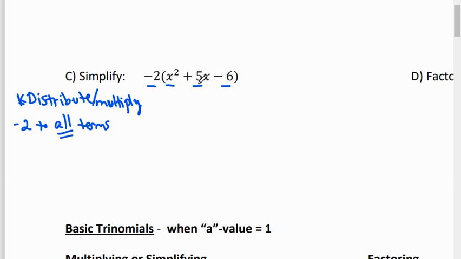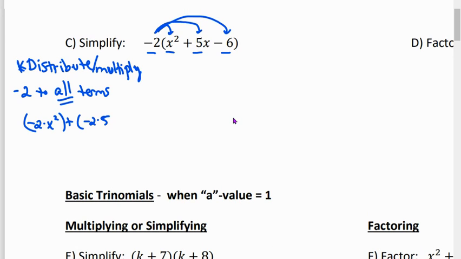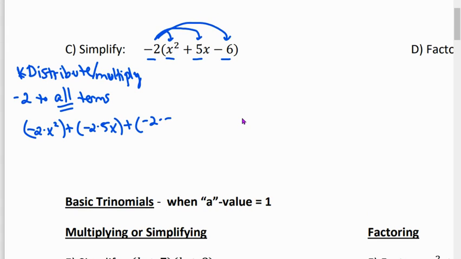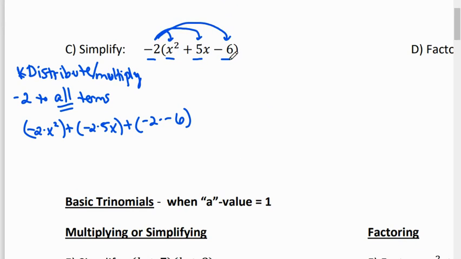Some students will forget, they multiply the first one and then they forget the other two. But this negative 2 has to be multiplied or distributed to all of the terms in the parentheses. So we take negative 2 times x squared plus negative 2 times 5x plus negative 2 times negative 6. So we're distributing that negative 2 to all three terms.